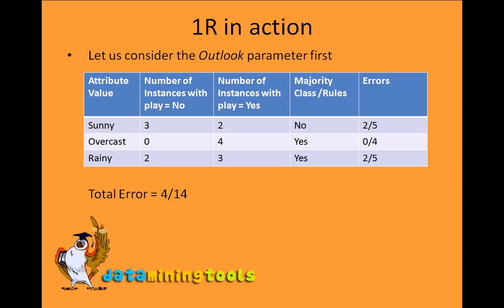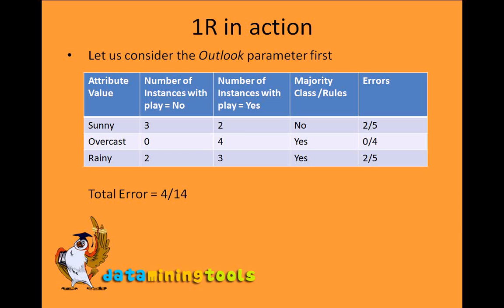Then we have plotted the number of instances with play equal to no, and then for play equal to yes. Based on this, we have our majority class. For example, in the sunny value, we have play equal to no in 3 instances, and for play equal to yes we have 2 instances. So the majority class will be no, and the total instances where outlook equals sunny is 5.